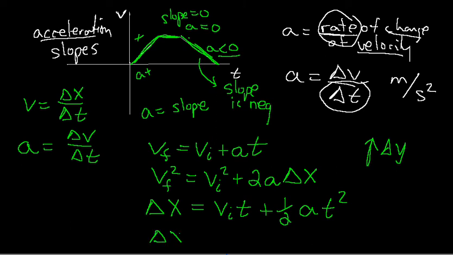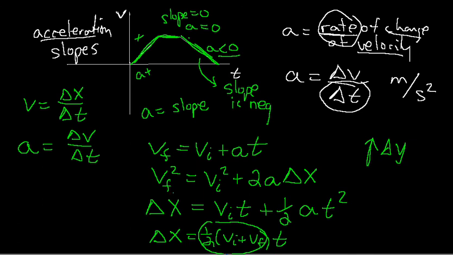And there was one other one, and I'd always give these on a test. You could say the delta x is half v initial plus v final times time. This here is just the average velocity, and that holds only if you have constant acceleration.